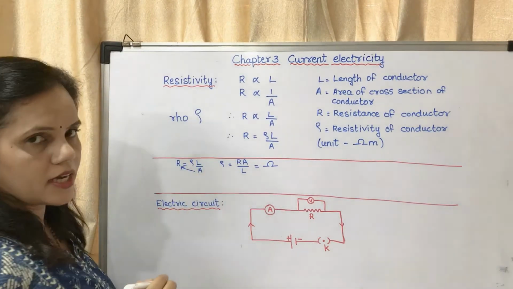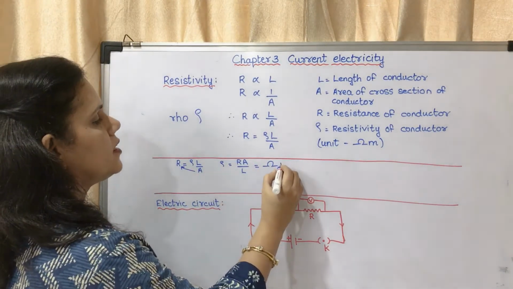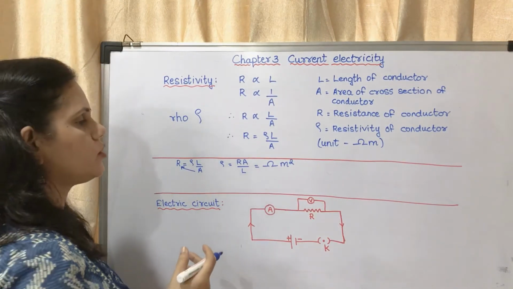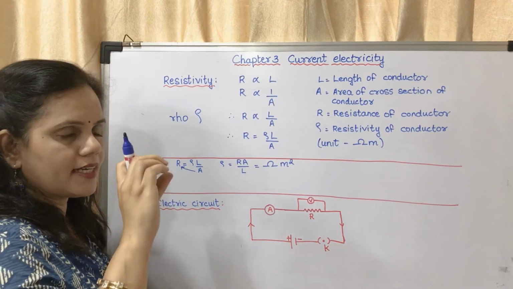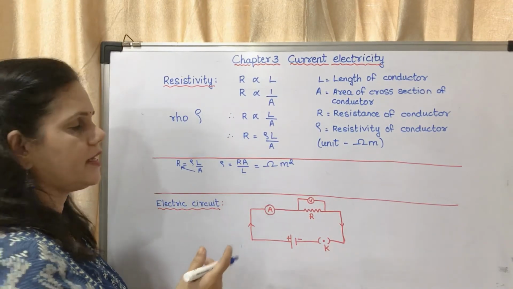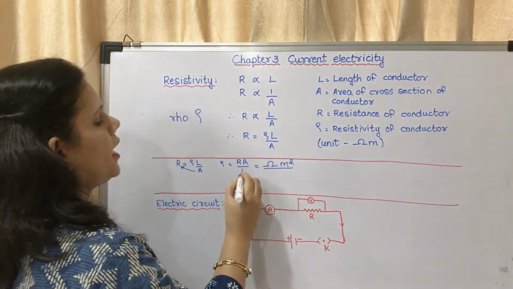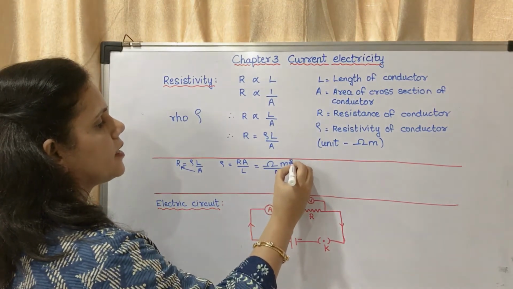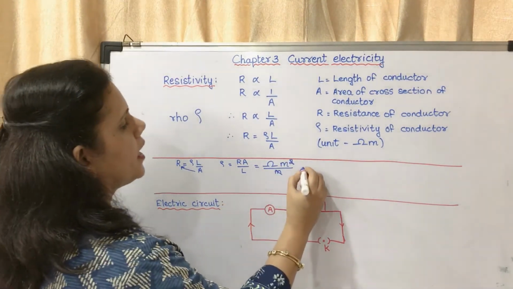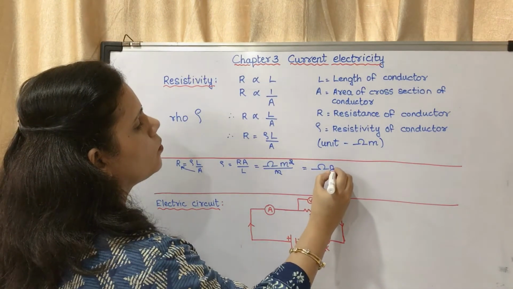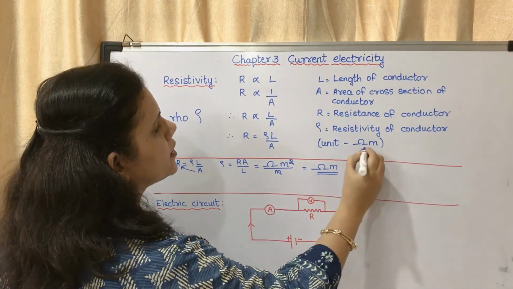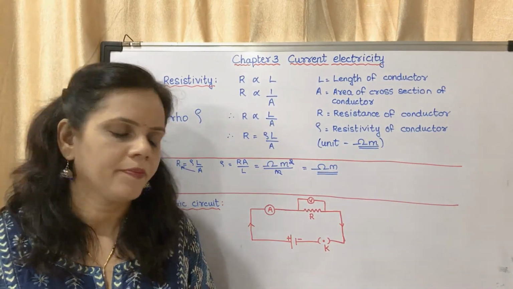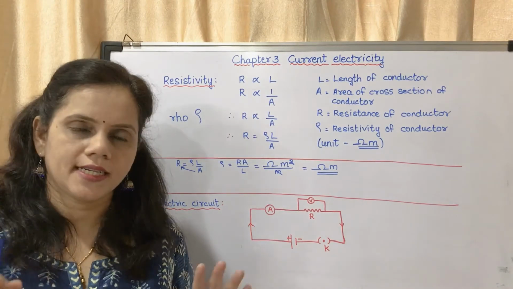Unit of area is meter square, side into side. Wire is a circle, still the unit of area is meter square, SI unit, and the length is meter. So this M and this M will get cancelled and the equation will become ohm meter. Therefore, the unit of resistivity is ohm meter. So this is about resistivity.